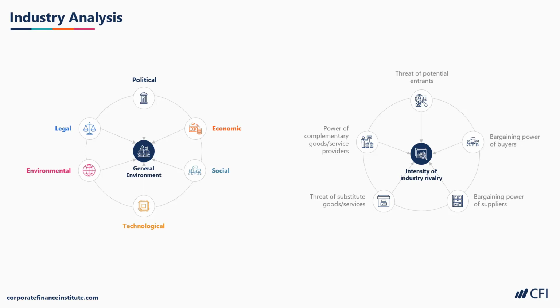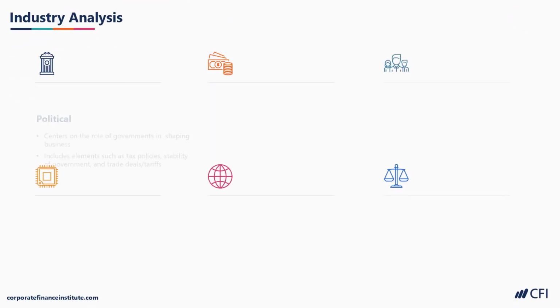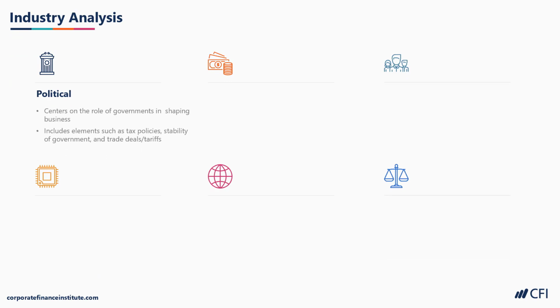In terms of PESTEL analysis, let's take a closer look at what that really includes. Political is very important because a government can really influence an industry. Economic forces, of course, such as rising or declining disposable incomes, could have very real impacts on certain industries.